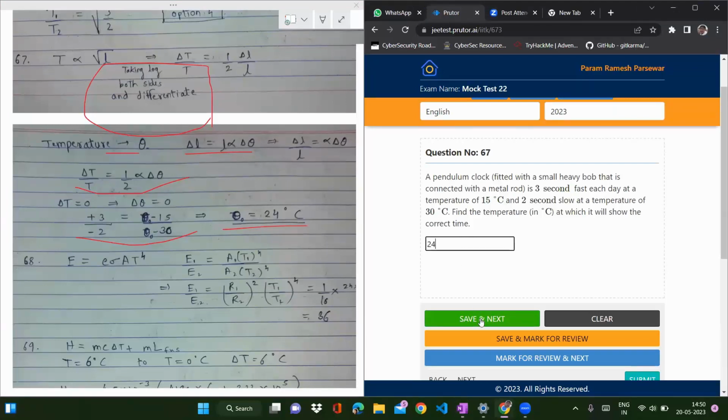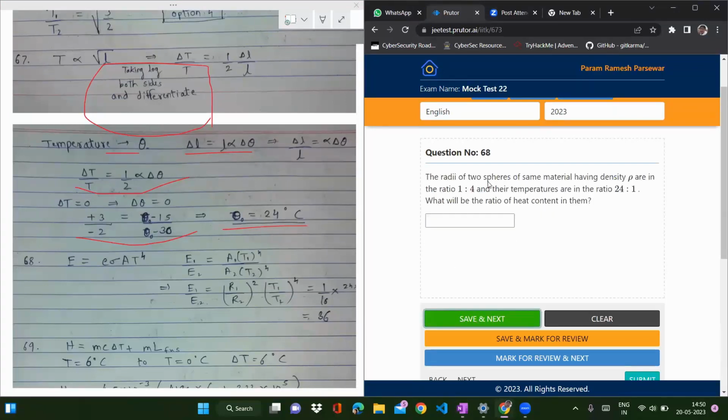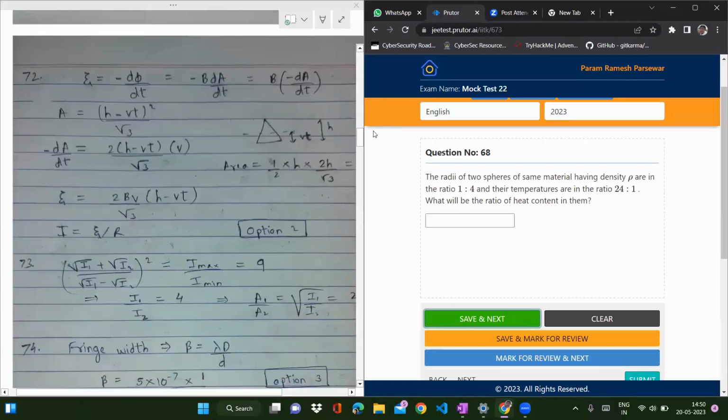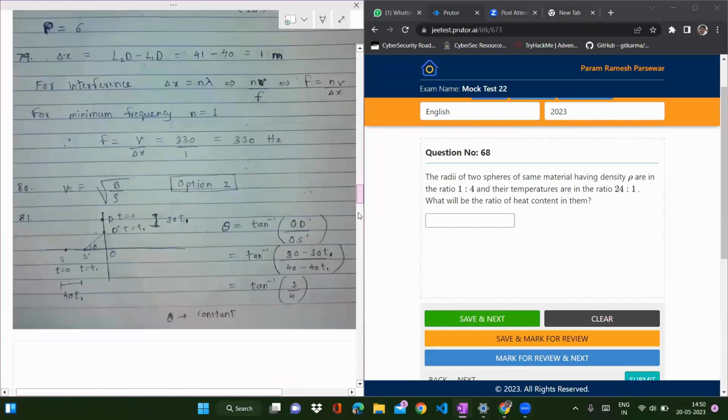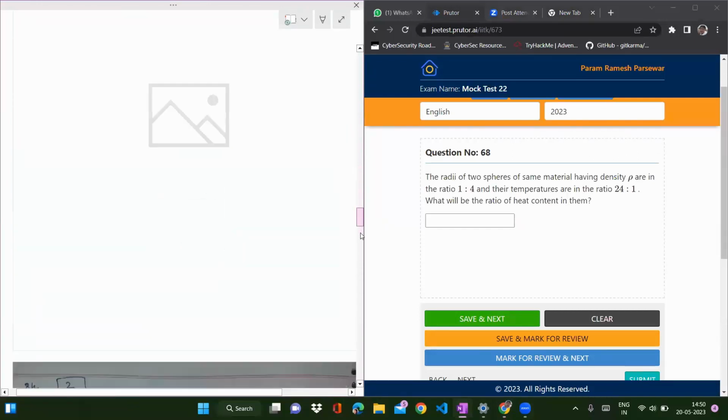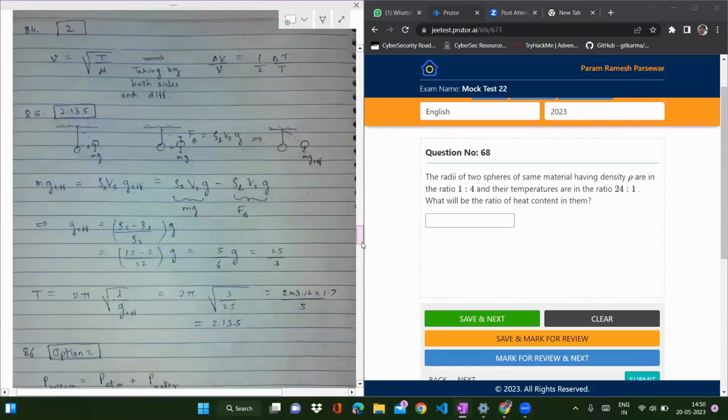24 degrees centigrade. The radii of two spheres of the same material having density rho are in the ratio 1 is to 4, and their temperatures are in the ratio 24 is to 1. What will be the ratio of the heat contained in them?